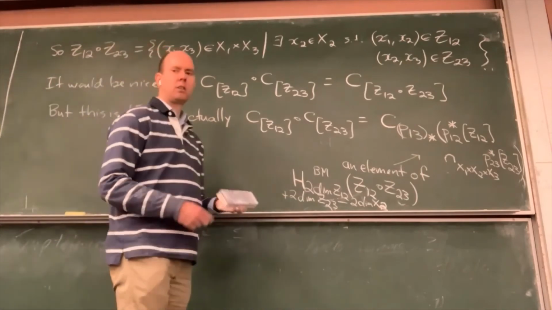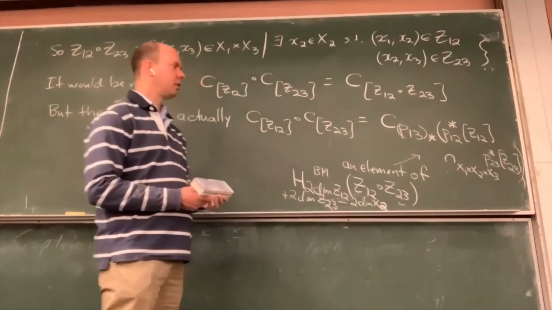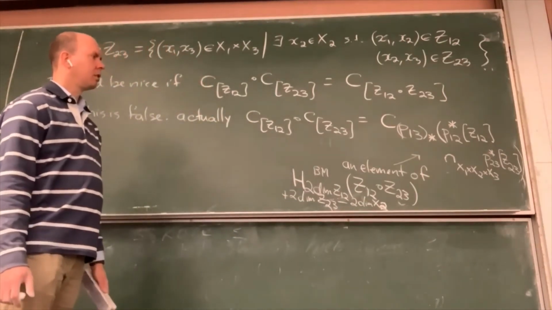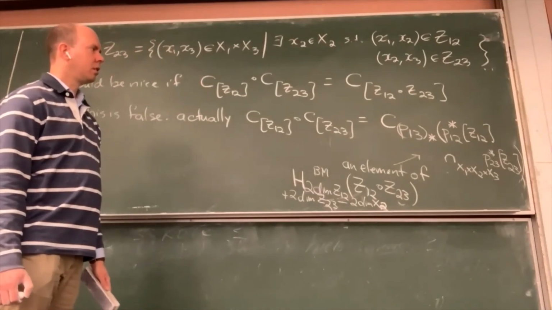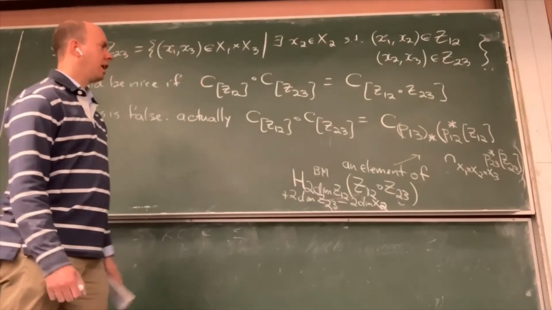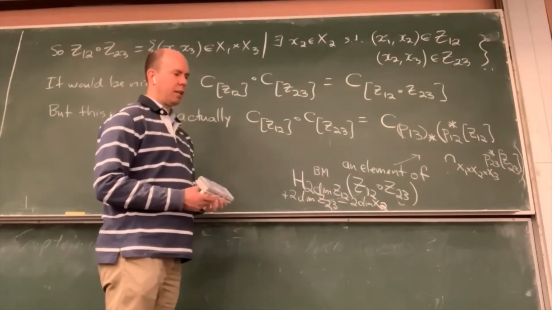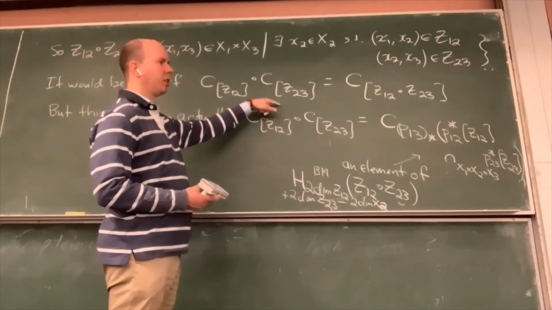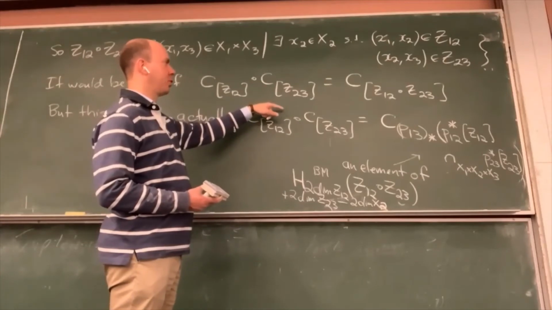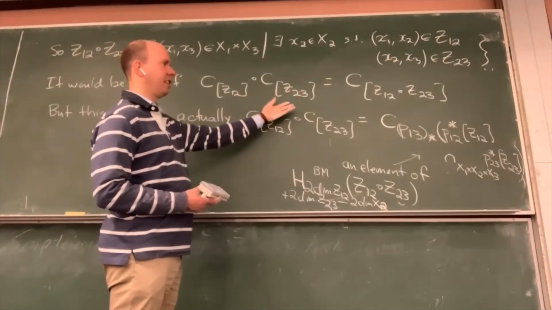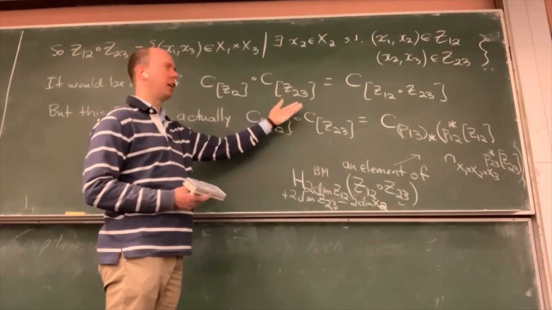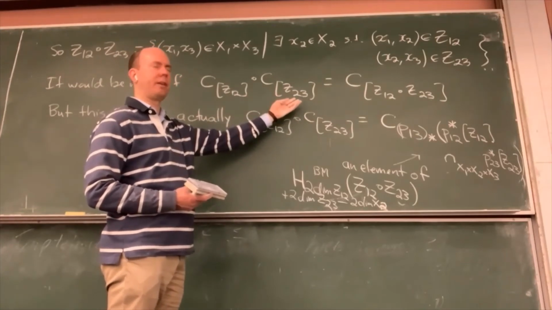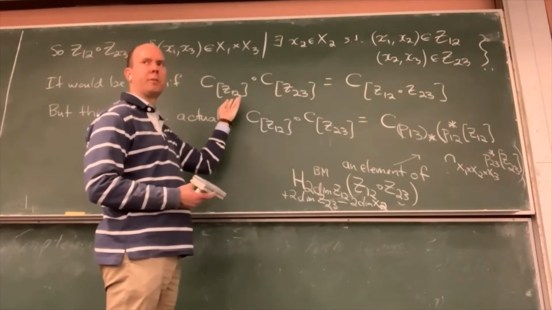Sorry, Anthony, maybe what you just said implies the answer to this, but are there good cases where the two things coincide? What would be nice and what is actually true? Josh is asking about cases where this expectation is actually true. As I said, it's true if these Z's are actually just the graphs of maps, a map from X3 to X2, and a map from X2 to X1.